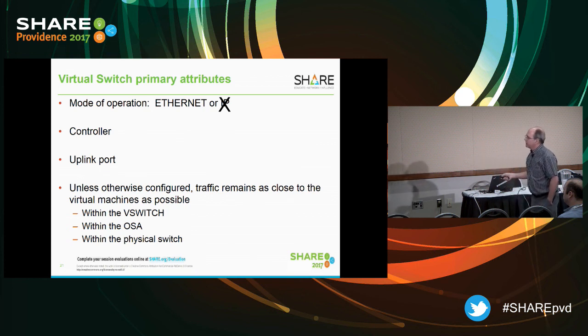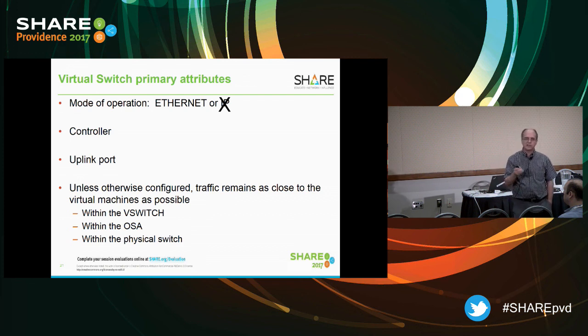Now, if it does have to go out, and we say, well, I can't deliver it, I see it's not a local MAC address, I will go ahead and send it down to OSA. I'll send it down the wire. OSA itself, if I'm sharing the OSA adapter with other LPARs and it sees that that MAC address has been registered by another LPAR that's sharing it, or another VSwitch that is sharing it, will simply short circuit and reroute it just inside the OSA card, and then send the data back up.